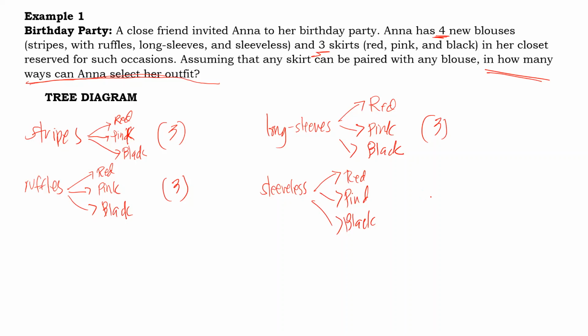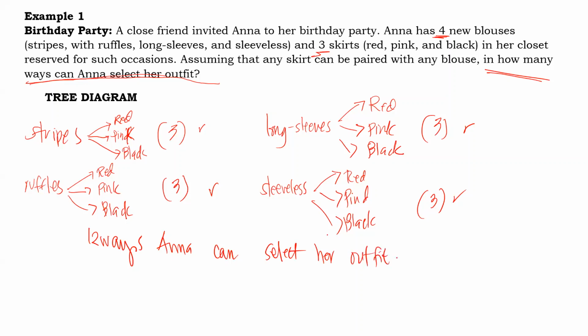Sa sleeveless, meron din siyang 3 possible outfits. Now, ilan lahat ang possible outfits? As you can see, we have 3 plus 3 plus 3 plus 3. So, all in all, there are 12 ways Anna can select her outfit. In other words, meron siyang 12 na outfit na pagpipilian.